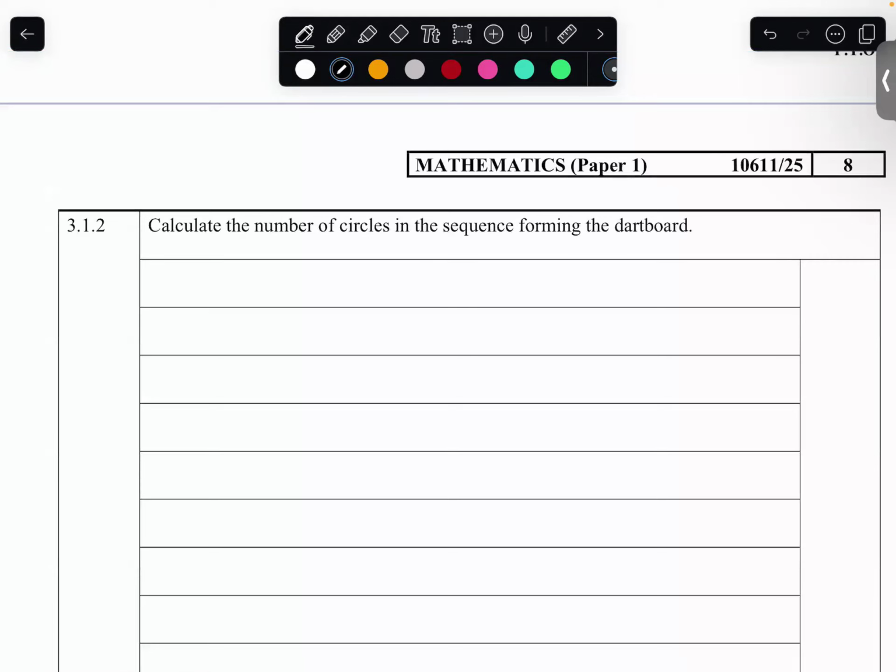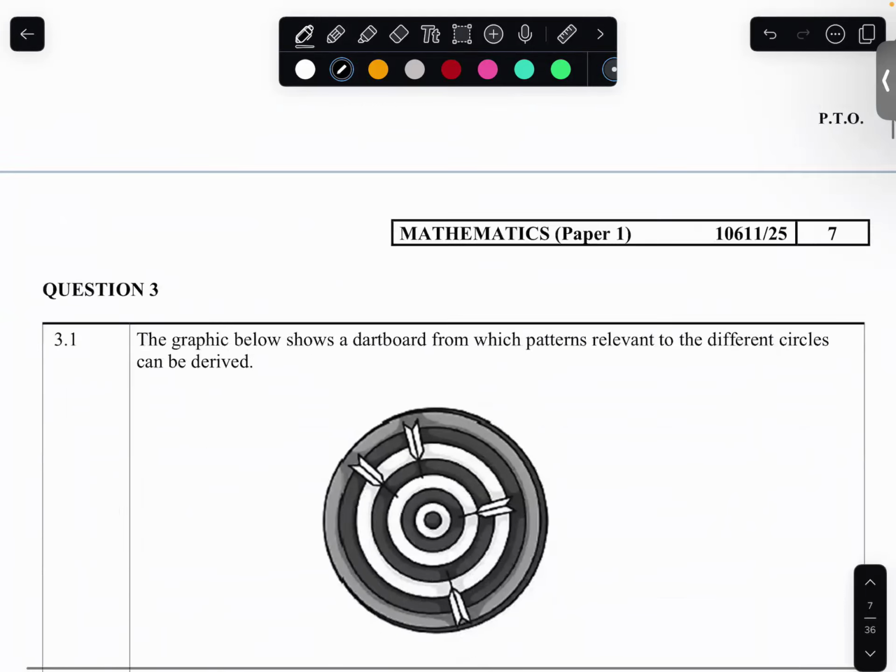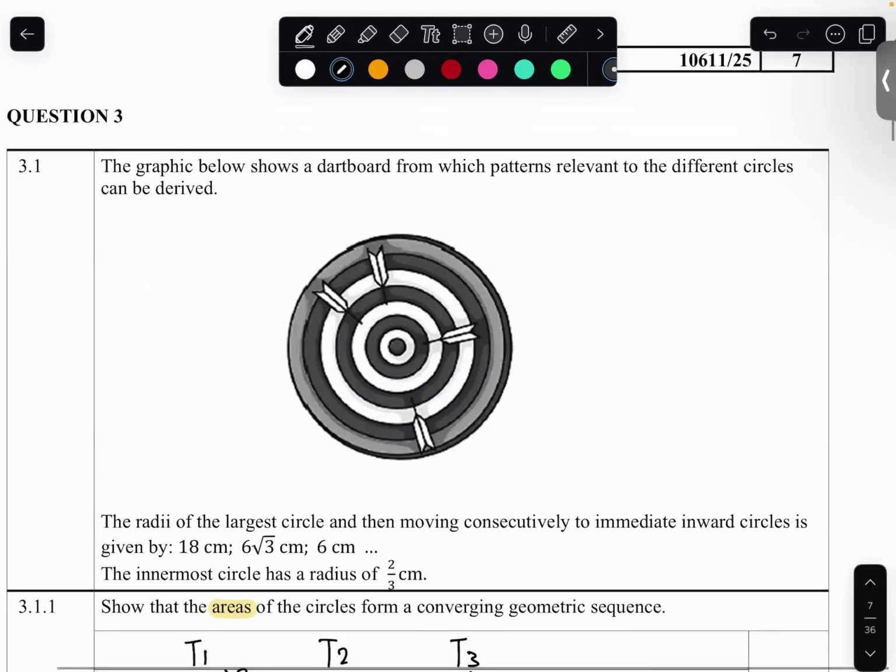We're going to go Tn is equal to ar to the n minus 1. Why am I doing this? Because I have the last circle's numerical value of its radius. So I'm going to look at the dartboard. I know that the innermost circle has a radius of 2 over 3.